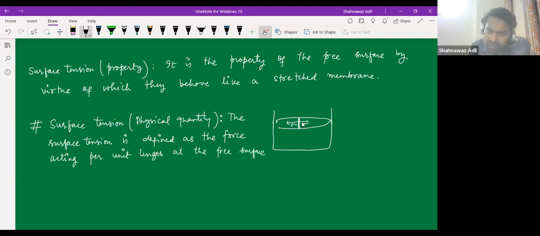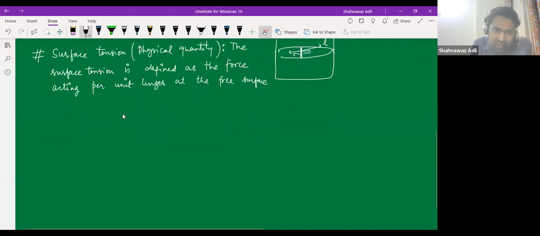Right. So if this is the length, then the surface tension would be force per unit length. This is the surface tension.